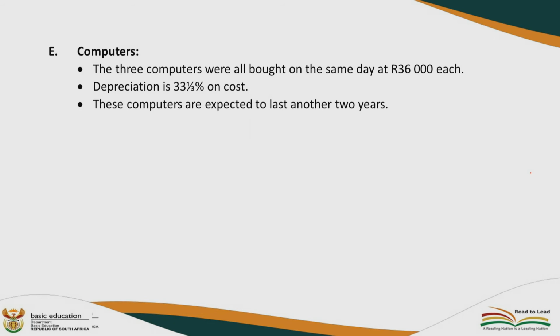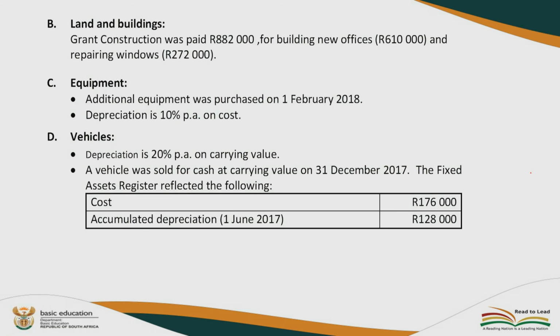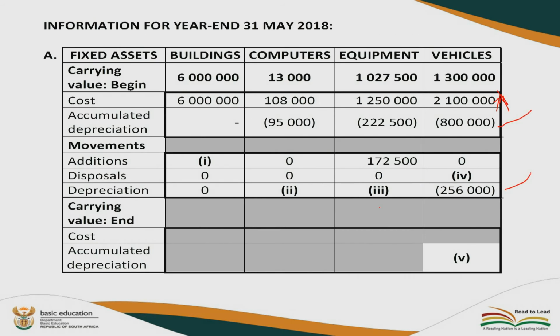I want us to go back now to our presentation. Okay, let's look at that column. Here are the computers. If you look at the cost, it's 108,000 because now 36,000 has been multiplied by 3 in order to get 108,000.